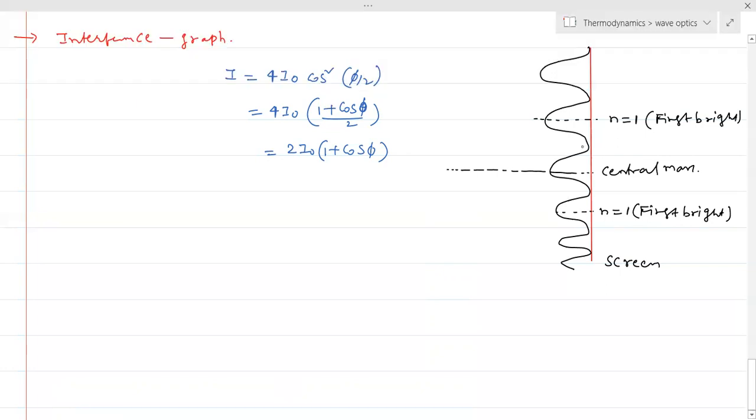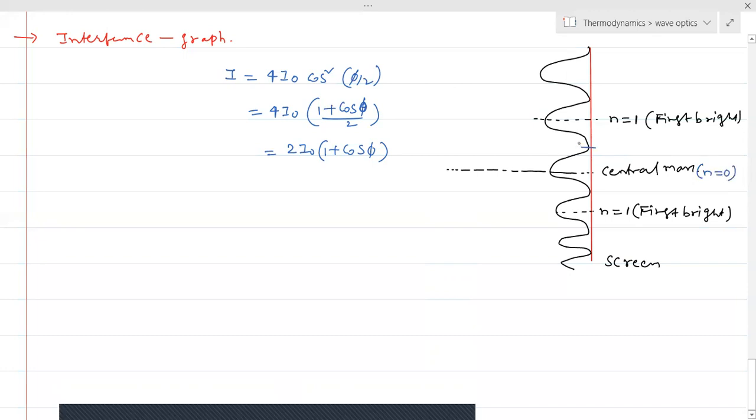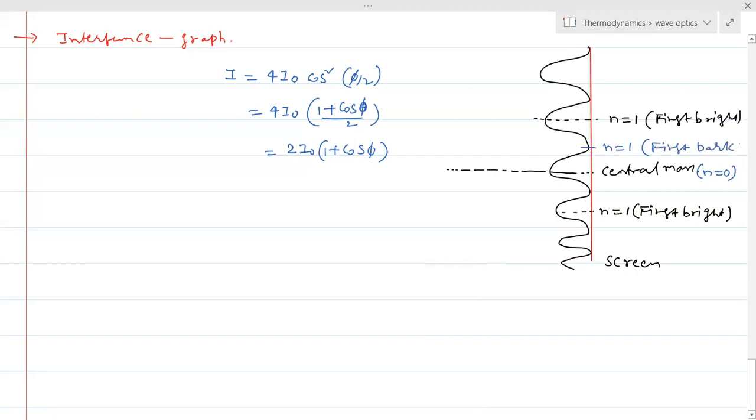This is called the central maximum, known as n equivalent to 0. And this is n equivalent to 1, first dark fringe. Again, this is n equal to 1, first dark fringe. So here we can see that for any bright fringe or for any dark fringe we take, the intensities are similar.